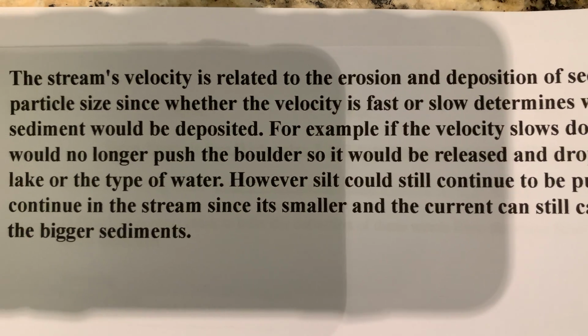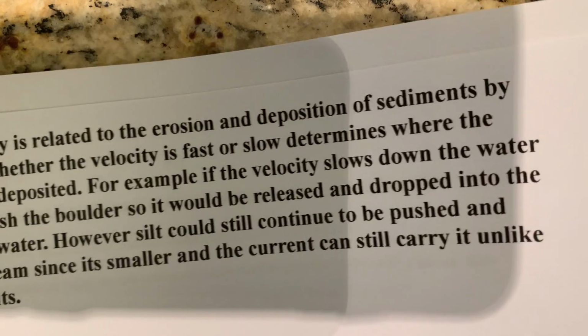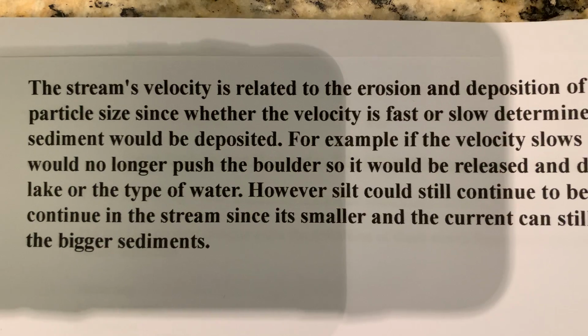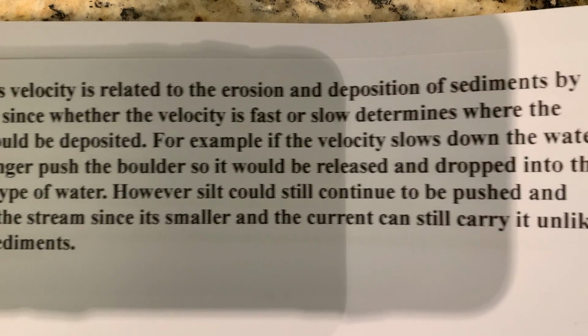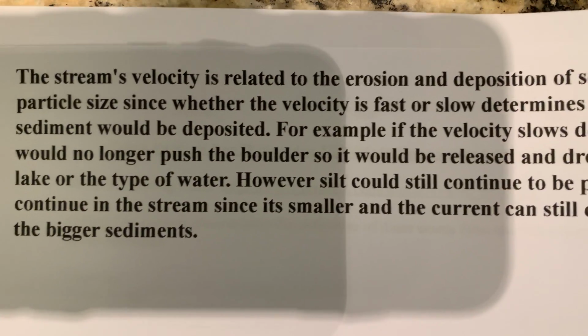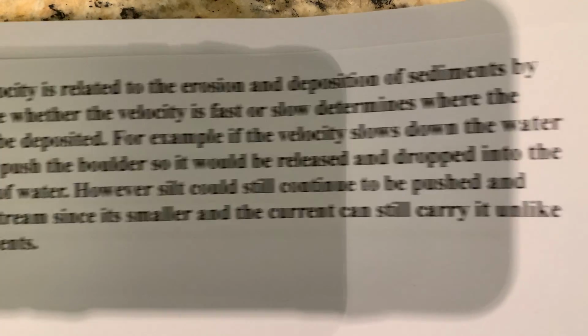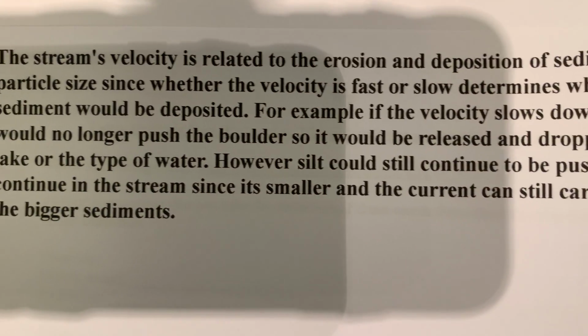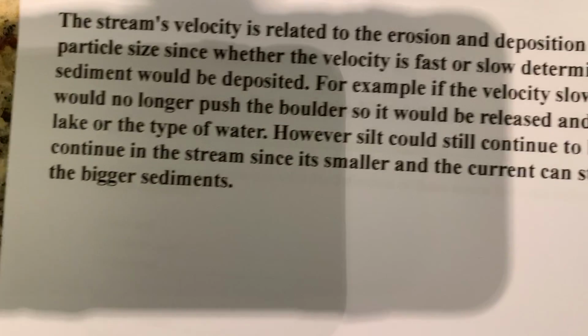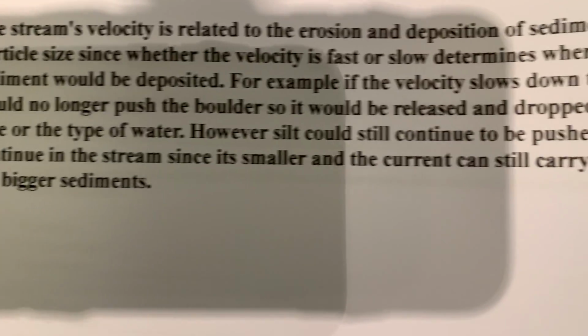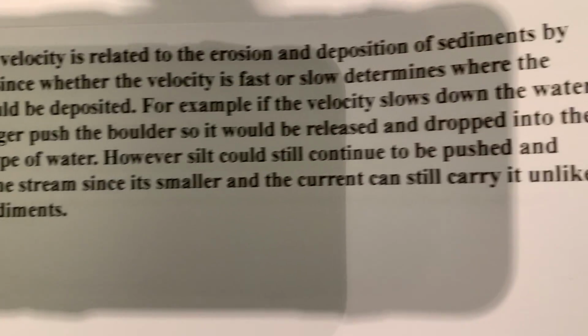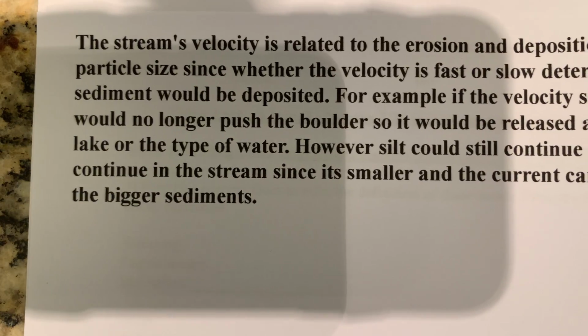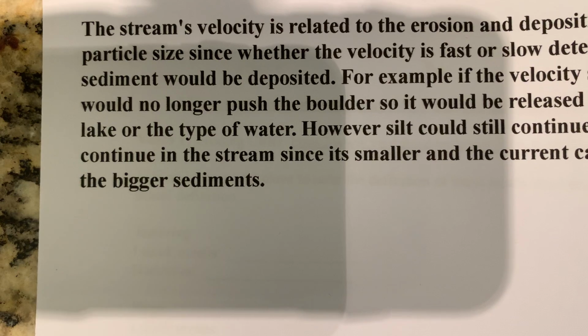The stream's velocity is related to the erosion and deposition of sediments by particle size, since whether the velocity is fast or slow determines where the sediment will be deposited. For example, if the velocity slows down, the water would no longer push the boulder, so it would be released and dropped off into the lake or that type of water. However, silt could still continue to be pushed in the stream since it's smaller and the current can still carry it, unlike the bigger sediments.